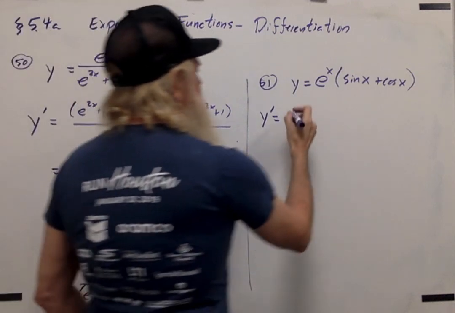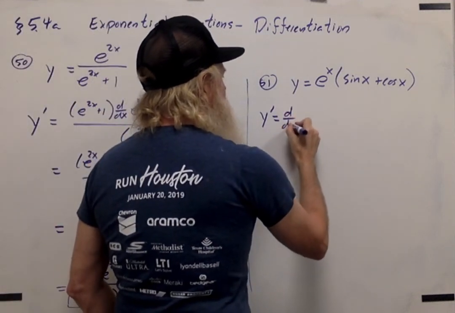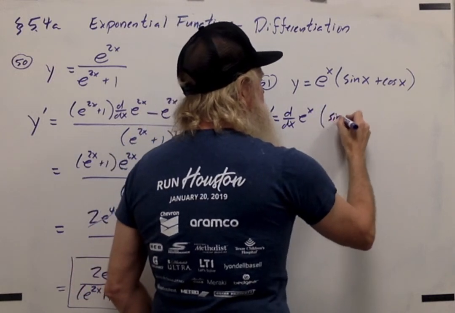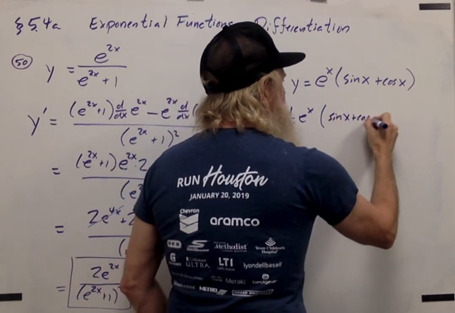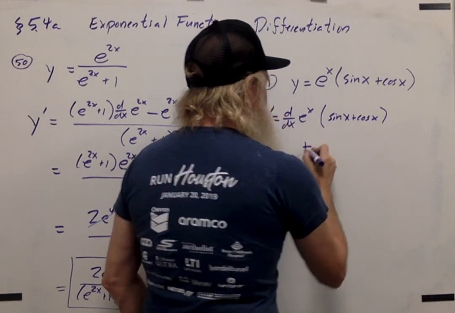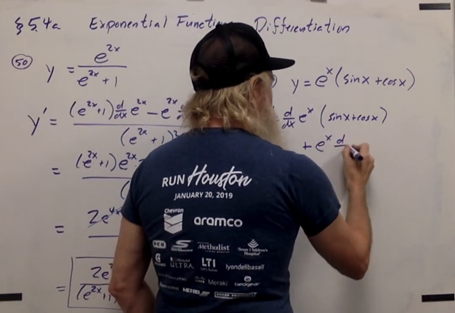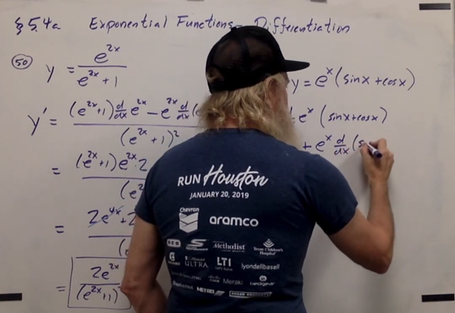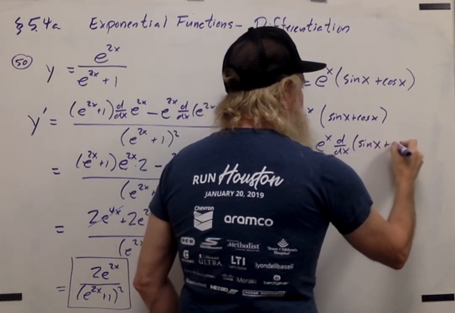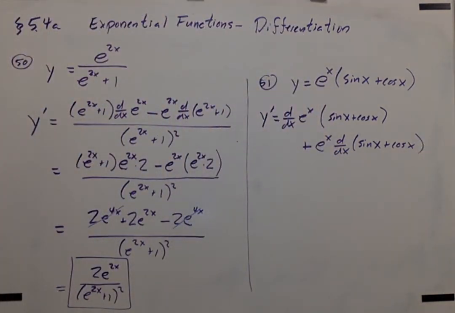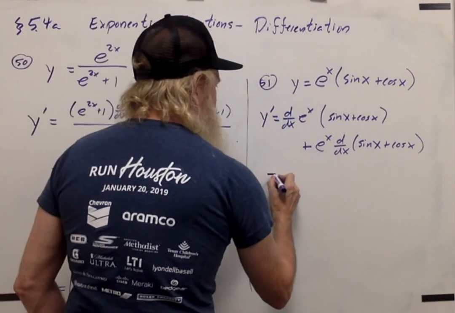The derivative will be the derivative of the first times the second plus the first times the derivative of the second. So let's take those two derivatives.